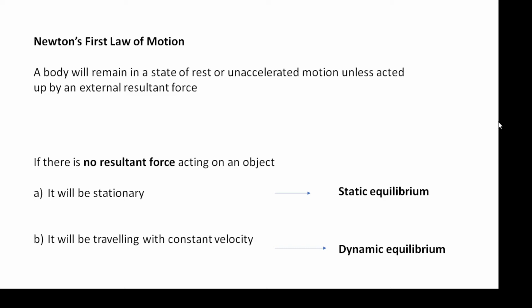We say it's in static equilibrium if it's not moving, or it will be traveling with constant velocity, which is a dynamic equilibrium. So basically, if all the forces acting on an object add up to 0, then it's not accelerating.